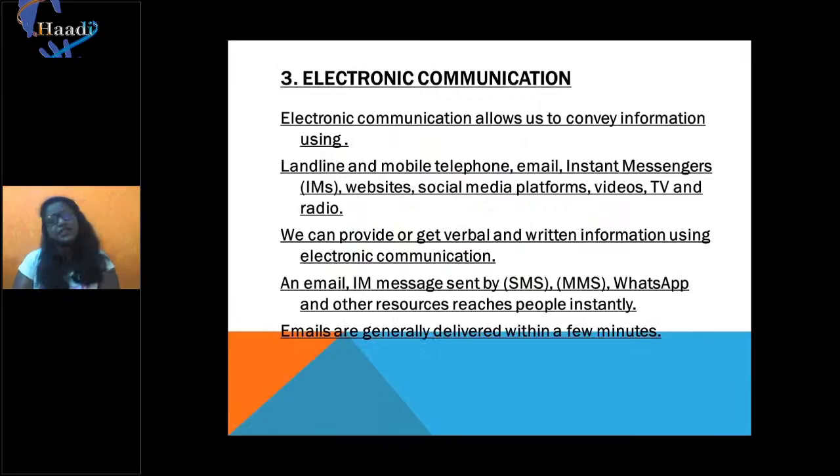The third one is electronic communication. Electronic communication allows us to convey information using landlines, mobiles, emails, instant messages, websites, social media platforms, videos, TVs, etc. These are some kinds of electronic communication through which we get loads of information in seconds.